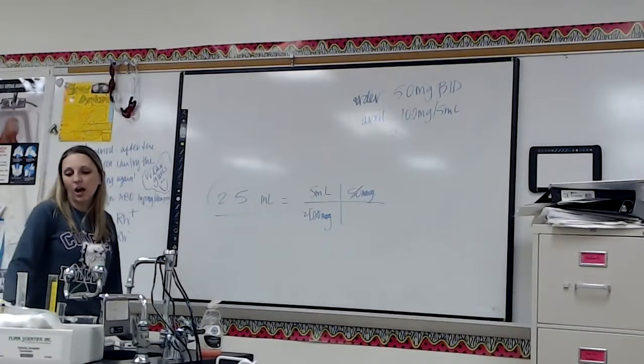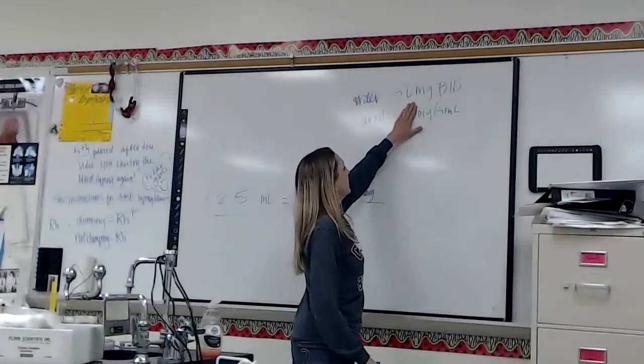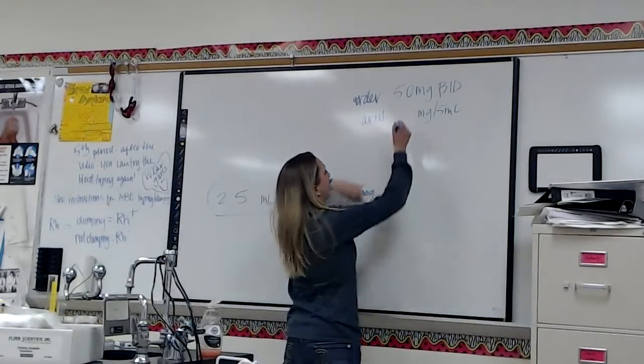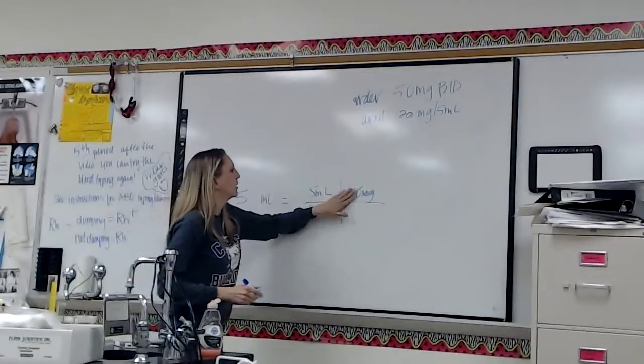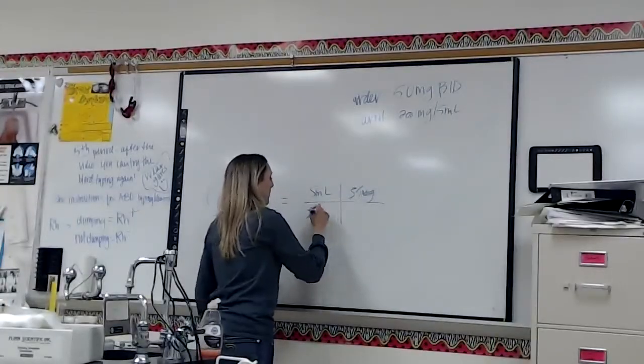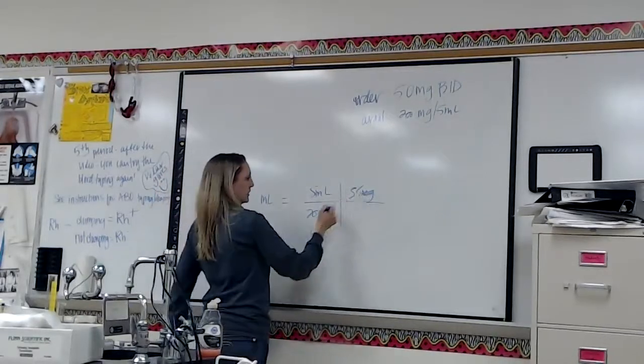And then on the other one, like we said, if you work this out again and you use the other bottle of medication, you're going to work out the same thing, but you're going to get a little bit less here.